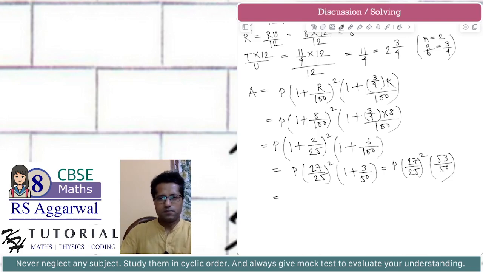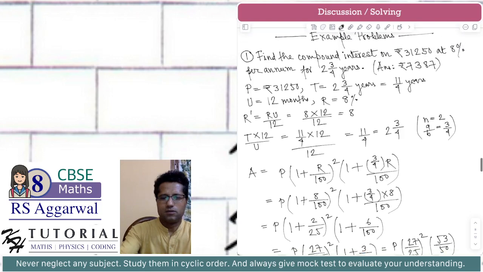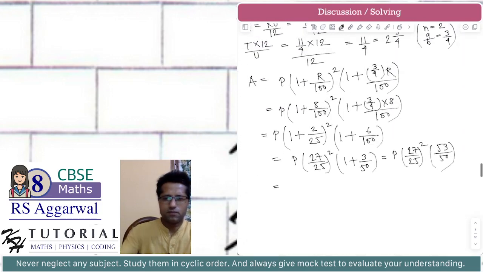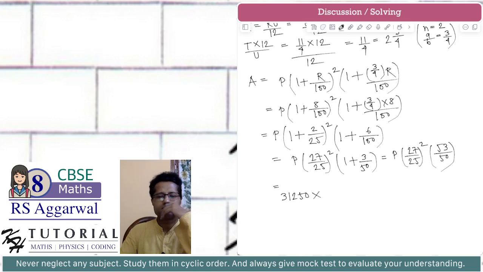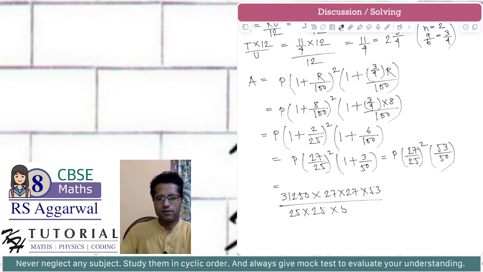This is equal to, what is P? P is 31250. P is 31250. 31250 multiplied by, we are having 27 by 25 squared. So 27 multiplied by 27 multiplied by 53 divided by 25 multiplied by 25 multiplied by 50.